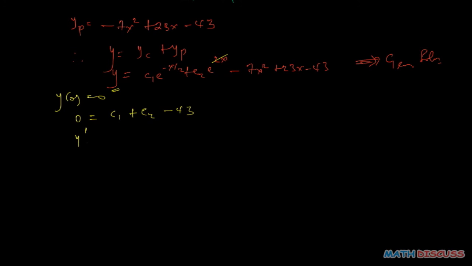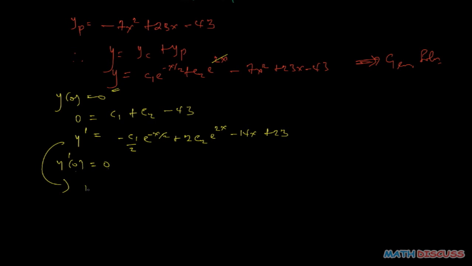And then when we take the derivative of this whole thing, we'll have minus c1 all over 2 e to the power negative x all over 2 plus 2c2 e to the power 2x minus 14x plus 23. So this is the derivative. But then the initial condition we're given above is that y prime, the value of the derivative at point 0, is 0.